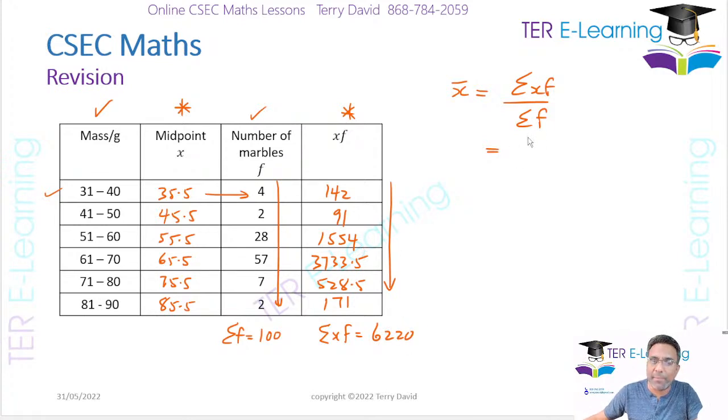So therefore my mean is going to be 6220 divided by 100, and that's going to give me 62.2 grams. So that's my mean, right? I think in the January 2022 paper, there was a question where they had a table and they asked us to work out the mean from the table, right?